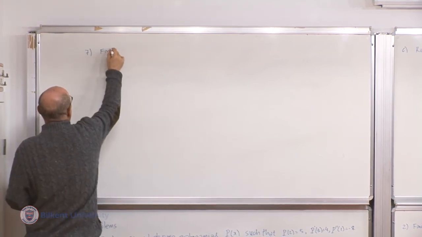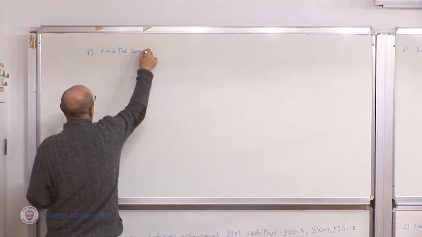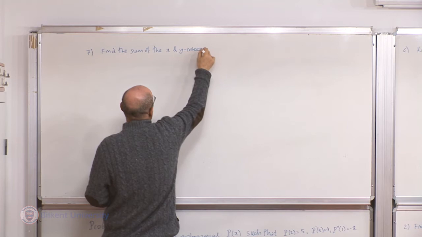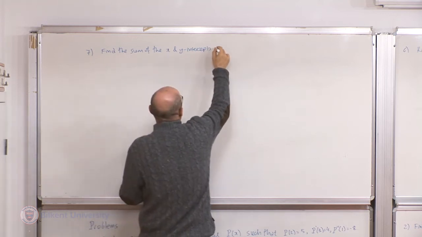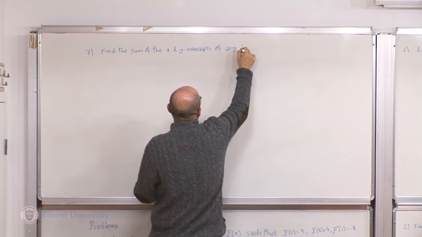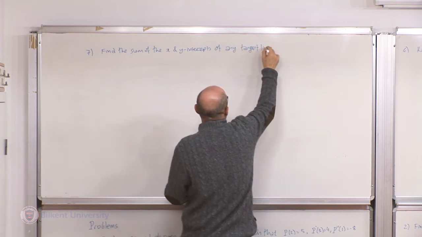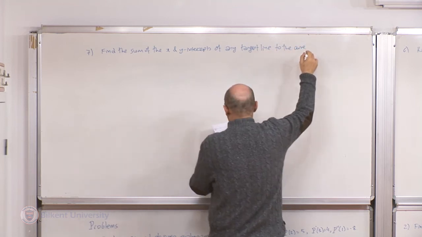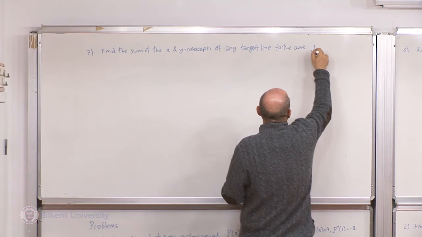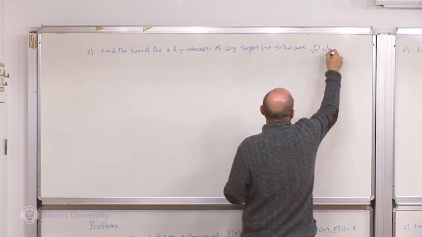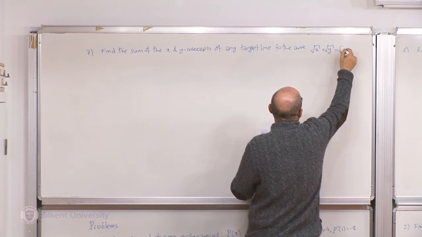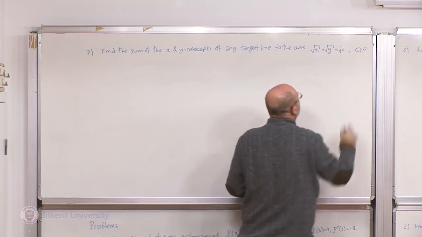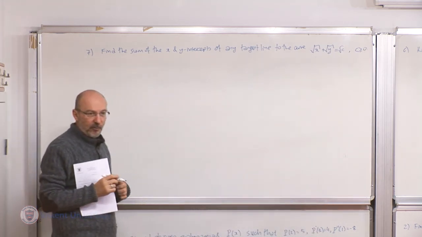Find the sum of the x and y intercepts of any tangent line to the curve square root of x plus square root of y equals square root of c. Obviously c has to be something positive. So this is the curve.